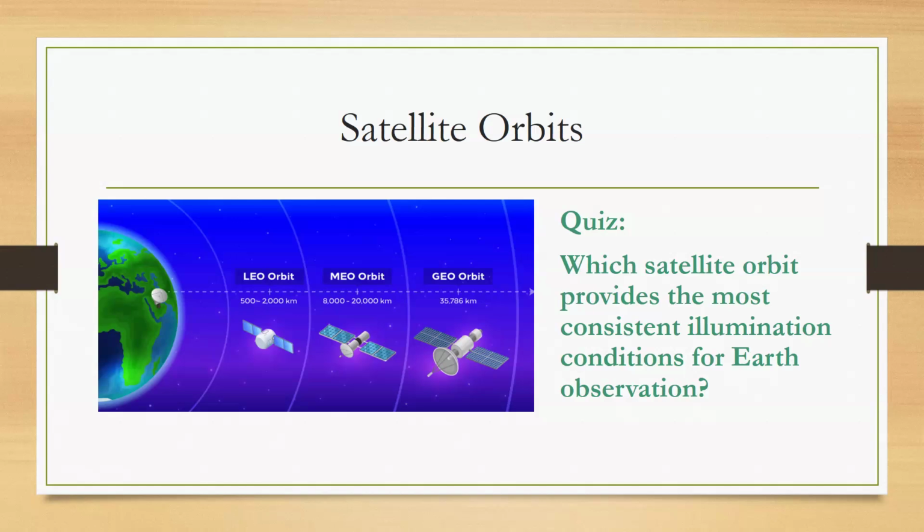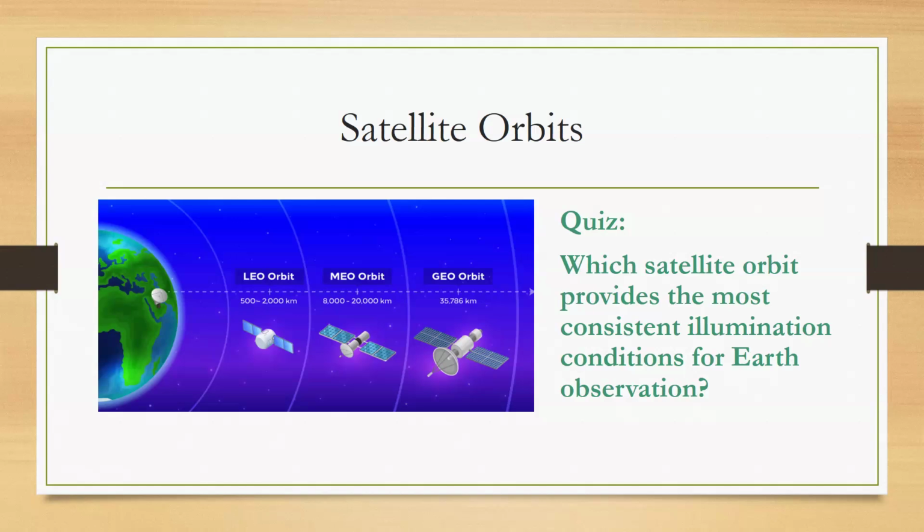So if they pass, for example, over Nsukka at 8 a.m. today, tomorrow or any other day they pass over Nsukka, they will always pass at 8 a.m. They don't pass today at 8 a.m., tomorrow at 9.